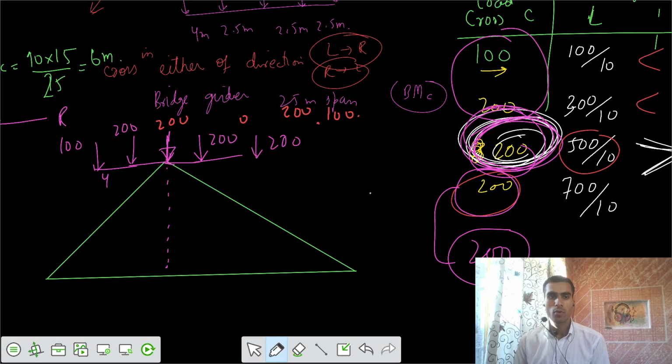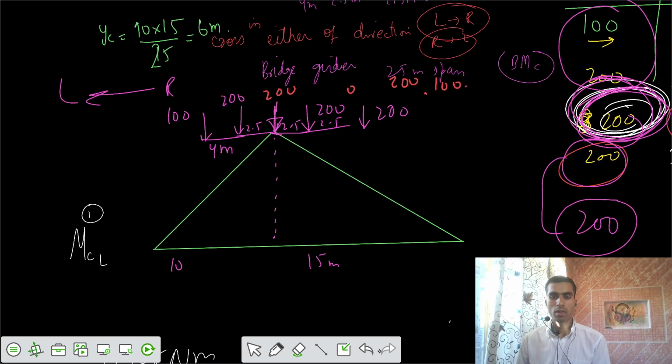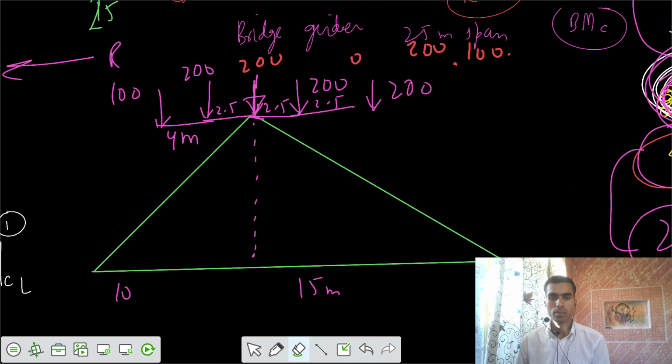Now the length here is 4 meter, and all others are 2.5. Now we need to get the ordinates. This was your 10 meter length, this was your 15 meter length, and by the similar triangles, we can calculate those ordinates.